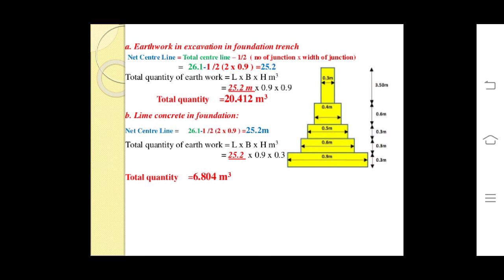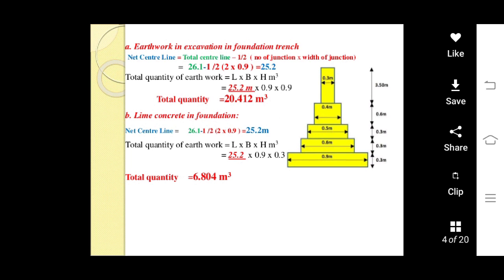The width is 0.9 in the case of excavation. Therefore, the net centerline length is equal to 26.1 minus half into 2 times 0.9, which is equal to 25.2 meters.